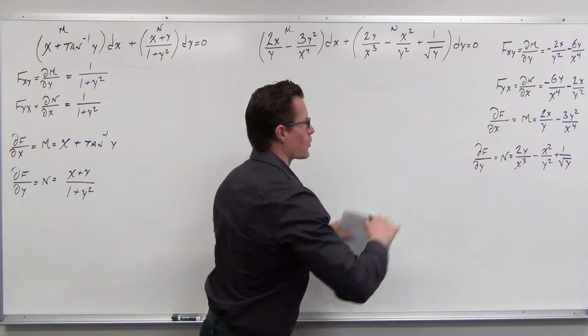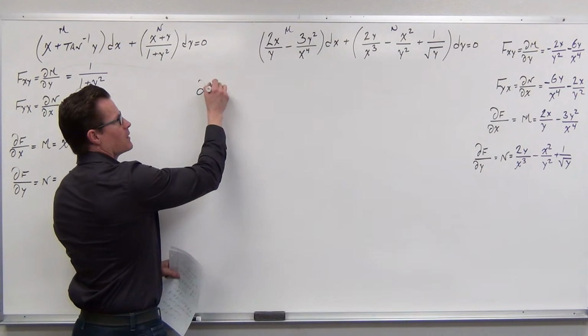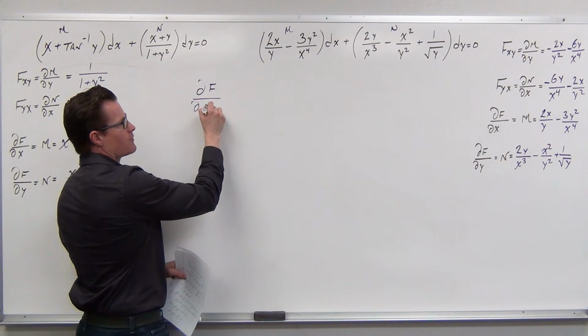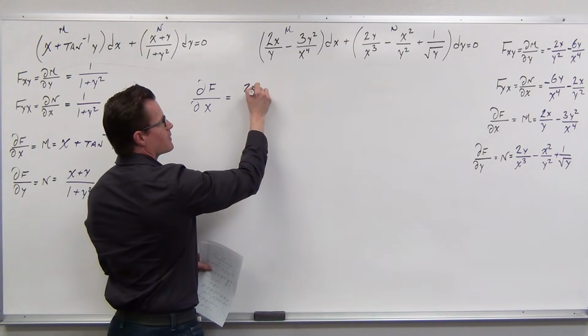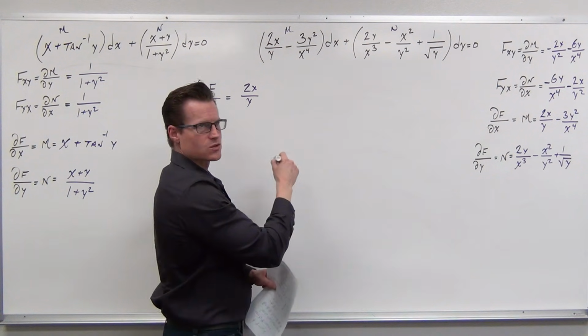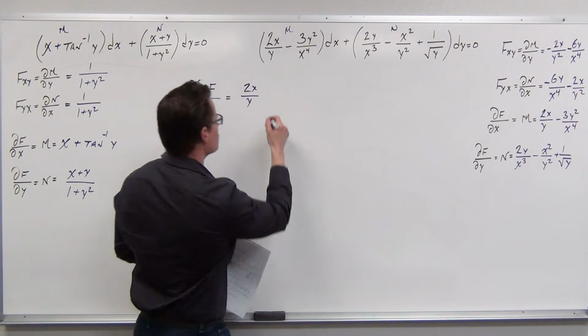So let's go for it. We know right now that the partial derivative of f with respect to x is this junk, this 2x over y minus 3y cubed over x to the 4th.